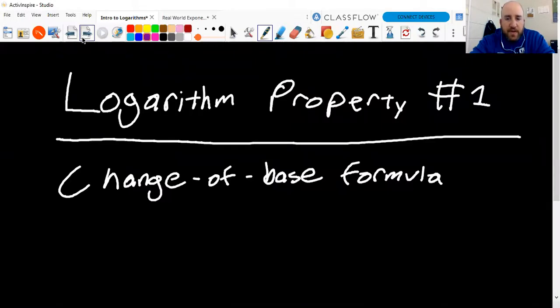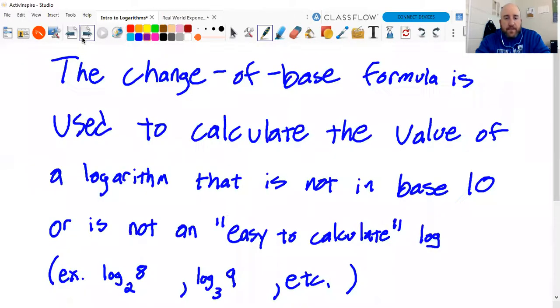So logarithm property number 1, change of base form. I'll pause for about 10 seconds real time here so you can pause the video and write this down, and then I will go back and talk about it.